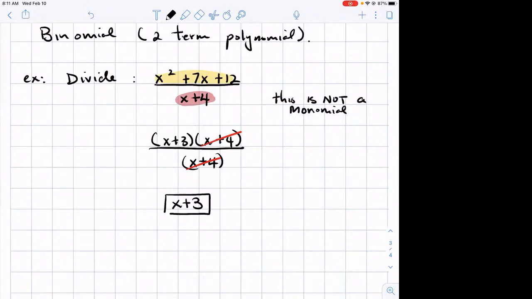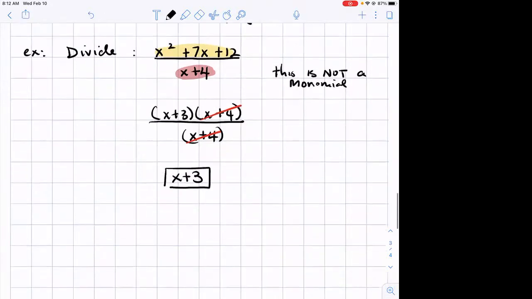Now this will definitely happen only when we can factor the numerator. And there are many examples when this will happen, but it does not always work. And that's the reason why we have to learn what is called long division. Not very difficult, but you have to be careful with your algebra, the steps.